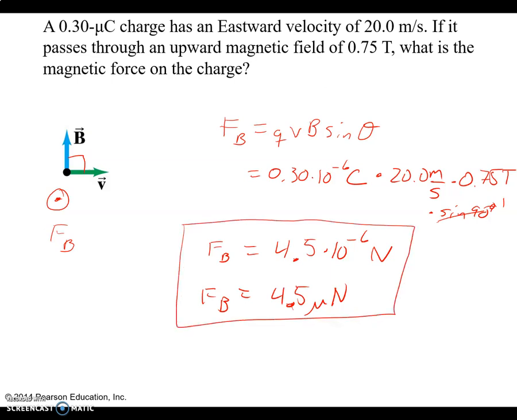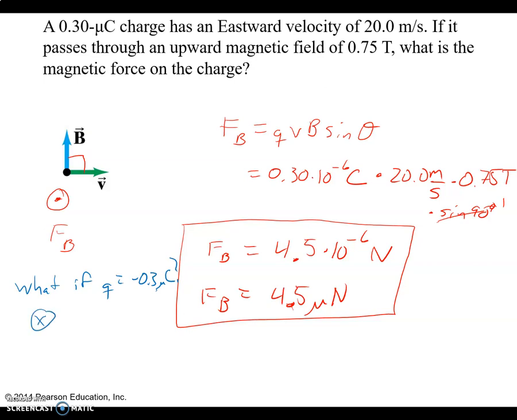Okay, just to point something out here, we found that the charge of 0.3 microcoulombs is coming out of the page at 4.5 micronewtons. What if q had been equal to a negative 0.3 microcoulombs?